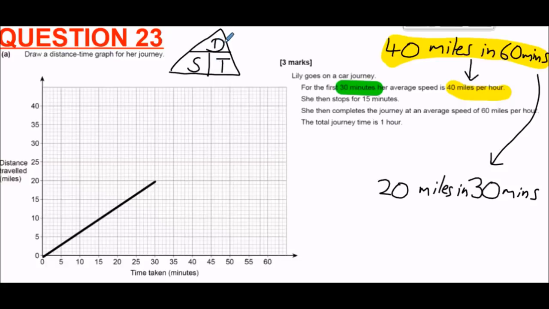We want to work out the distance. If we cover up the distance, what we're left with is s next to t. So distance would equal speed multiplied by time.